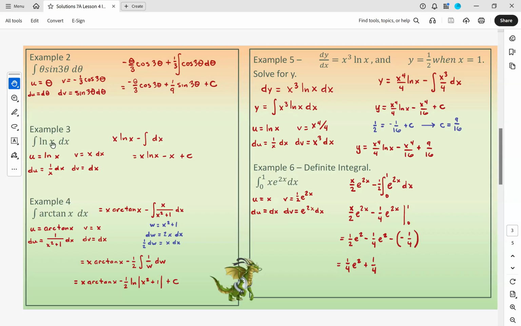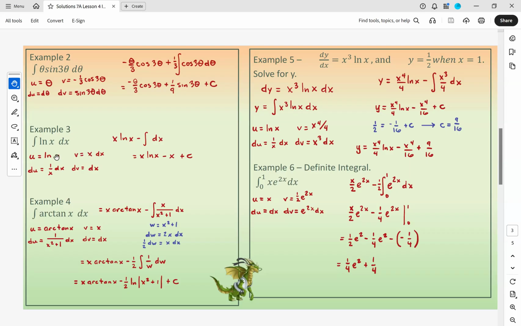In fact, natural log being a log, that's going to be our choice for u, which means the dv is just dx. Okay, here's my du, derivative of log. The dv equals dx, really it's 1 dx right here. So anti-differentiate brings you back to x.